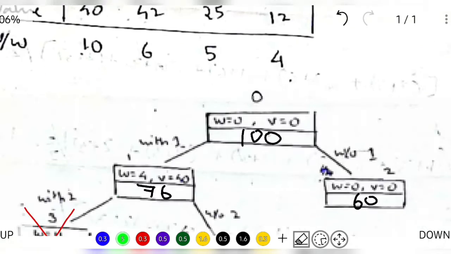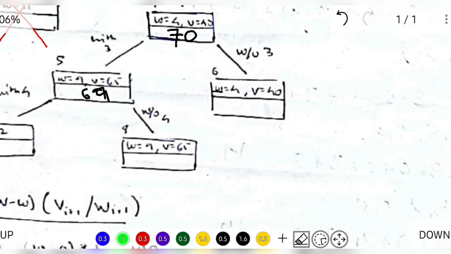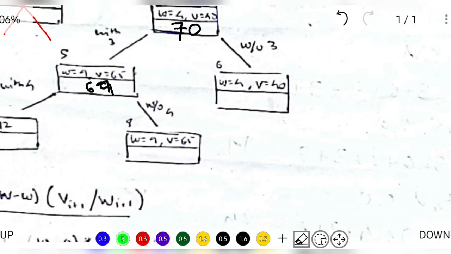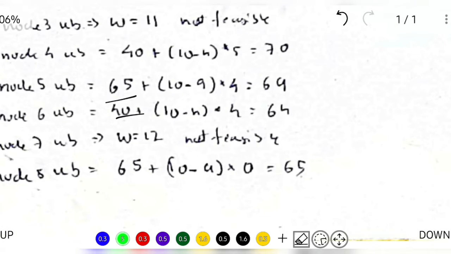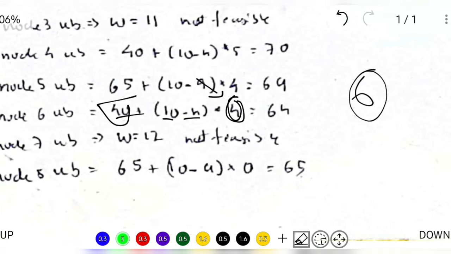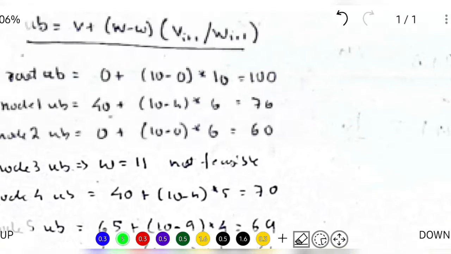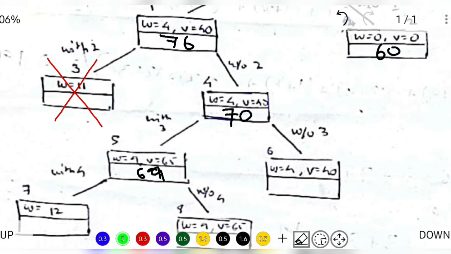If I include object 4, what will be the total profit? See here, W is 4 and V is 40, so we'll be using that in the equation here. V is 40, initial profit, plus 10 minus 4, 6 kilogram is left, into the ratio of object 4. If I fill the remaining capacity with the fourth object, I'll get 64. So in case I go with object 3 and then try to fill with object 4, I'll get 69.